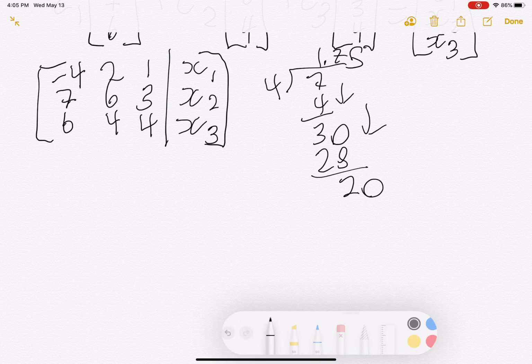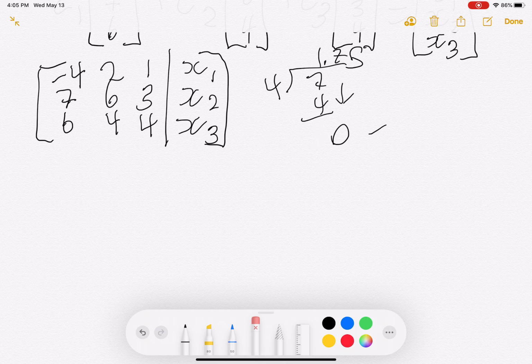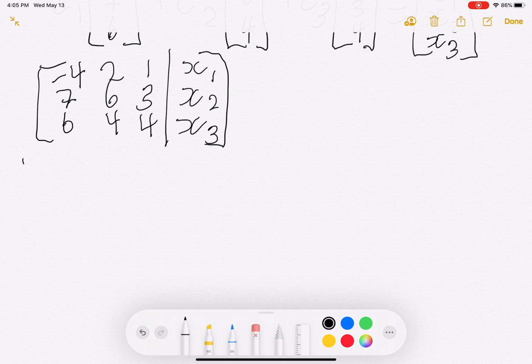Okay, so we have that. We have 1.75. So what we want to do is multiply row 1 by 1.75. You can see how this will begin to get really tedious.